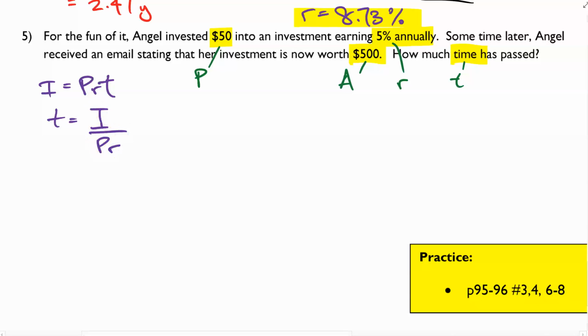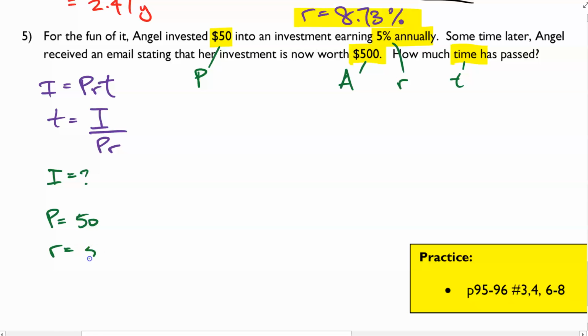All right. Let's see if we have everything we need. This is where you try to take account of what you're working with. Do we have I? No, I is actually unknown. Do we have P? Yep, we got $50. Have we got R?